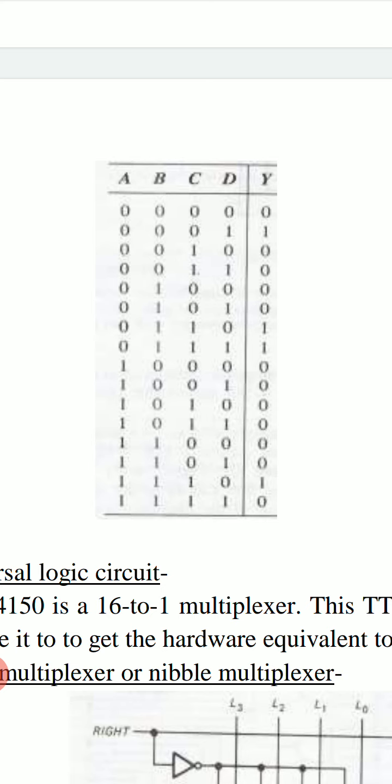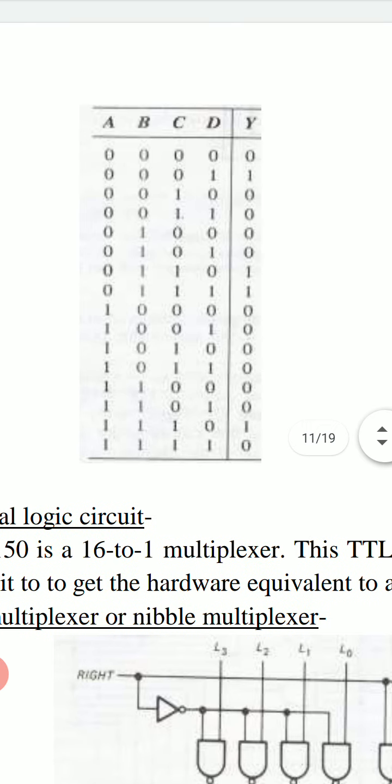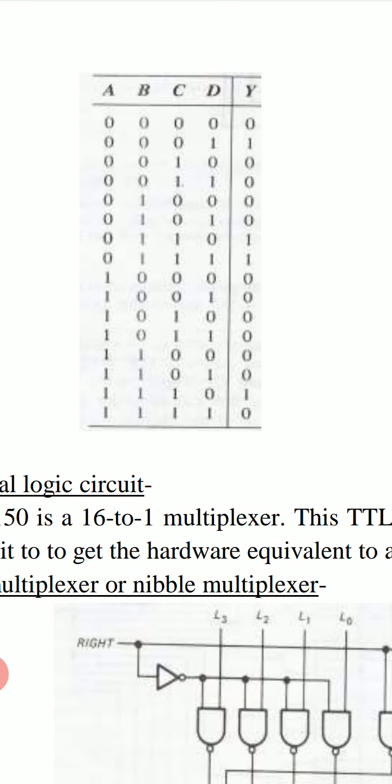If we have 2 inputs only, A and B, then we have 2 to the power 2, that is 4 combinations. So if we have 4 inputs A, B, C, D, we have 16 such combinations from 0, 0, 0, 0 to 1, 1, 1, 1. And this is the output Y, which may be 0 or 1.